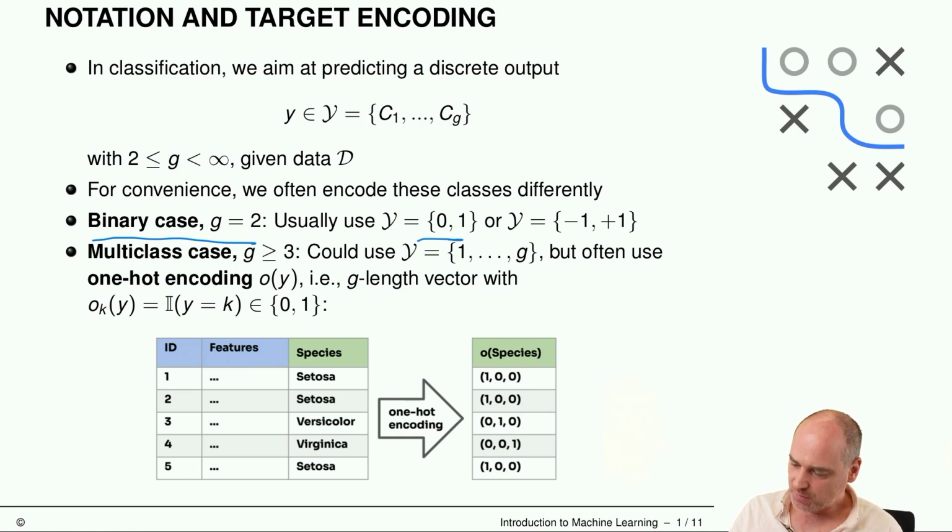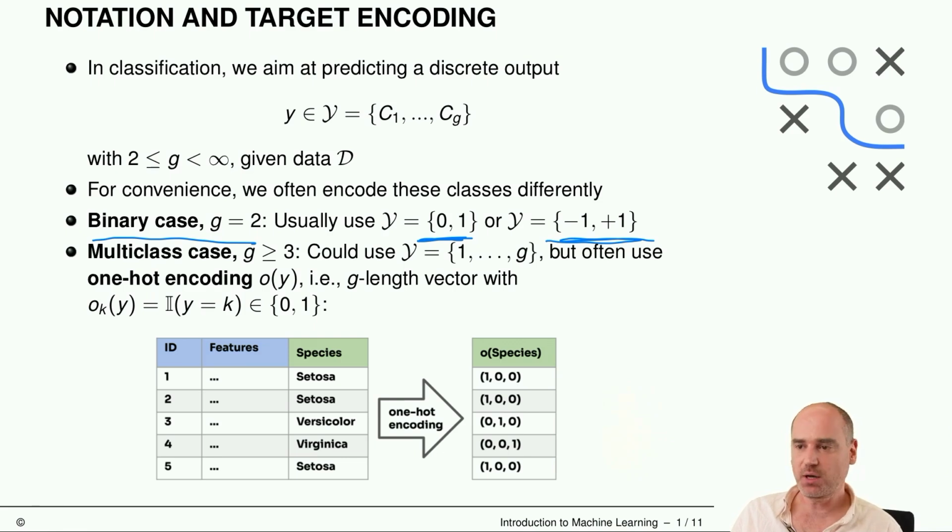So usually we're going to encode classes numerically, either with 0, 1, which is a little bit better for probabilistic models, or with -1 and +1. Usually the +1 class is going to be called the positive class, could be the one that we are more interested in, and the 0 or -1 encoded class is usually being called the negative class.